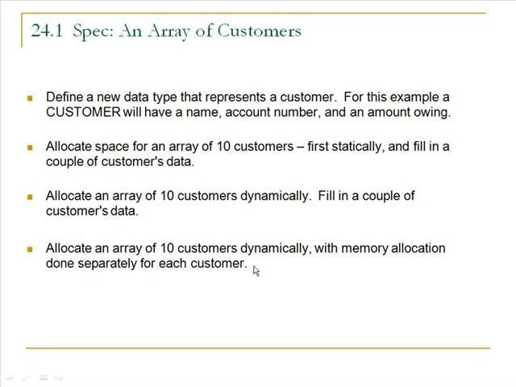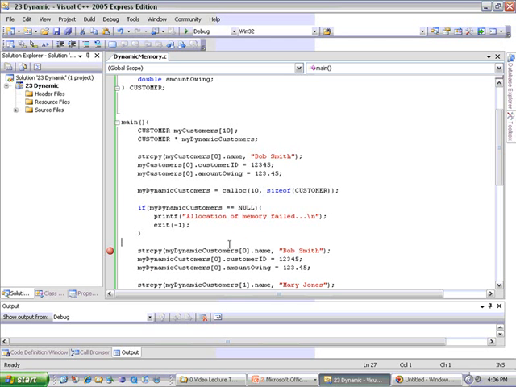If you have a lot of memory that you want allocated, suppose instead of 10 customers we needed 10,000 customers, in an array or in a block of memory that you allocate dynamically, it has to come in one contiguous block out of RAM. There might not be room to get this huge block of memory contiguously, and the calloc would fail. So if that was too big, eventually the calloc would fail.